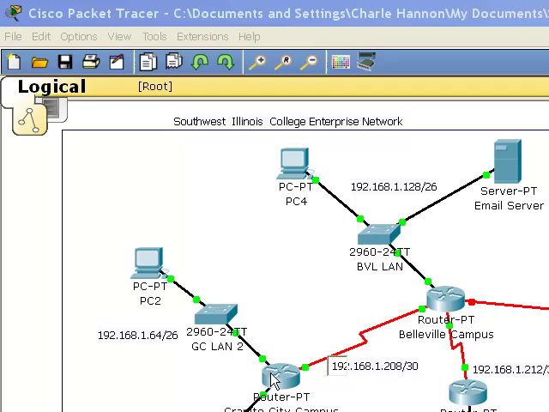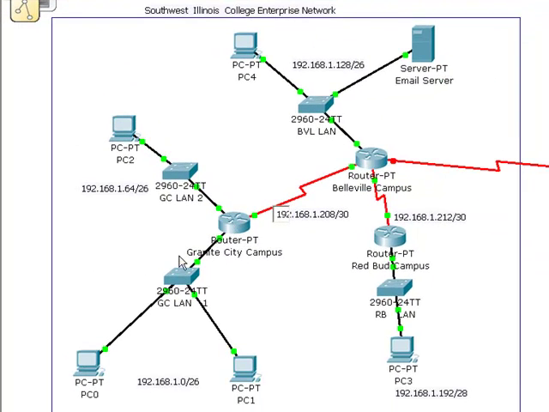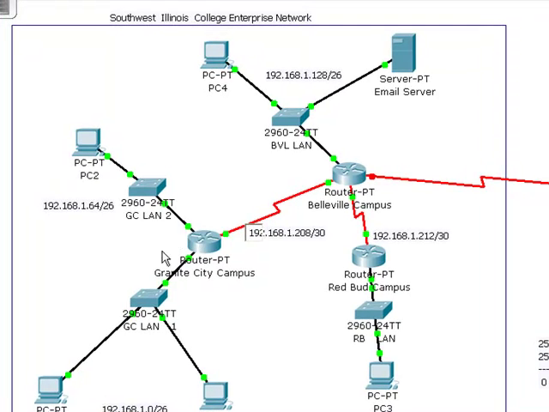So if the metric for Granite City to get to his LAN was 100, and the cost of this link was 50, then this router will add 50 to the cost of 100, and his feasible distance then would be 150. The path with the lowest cost is then called the successor.